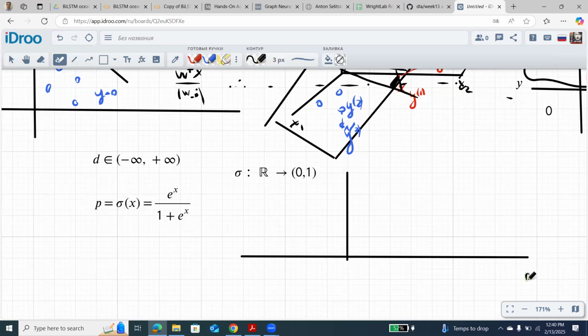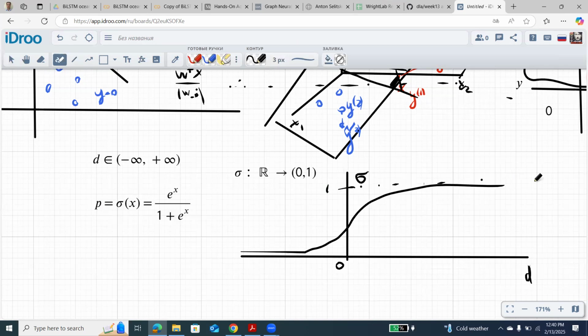If this is the distance, or x, and this is the sigmoid, the plot goes from 0 to 1.